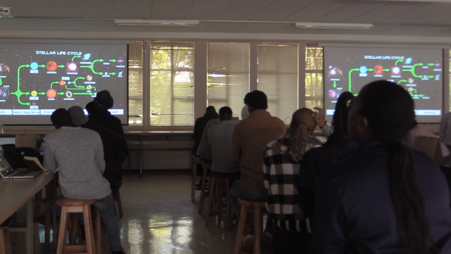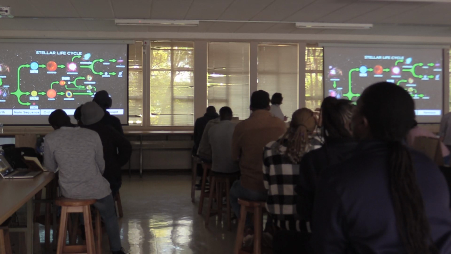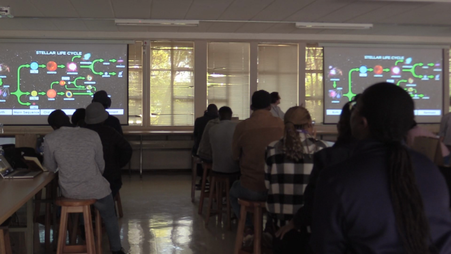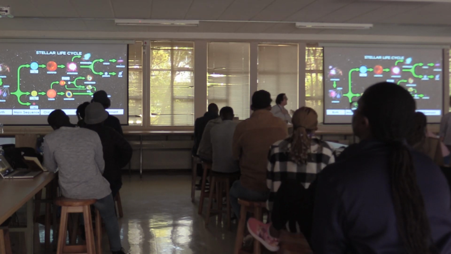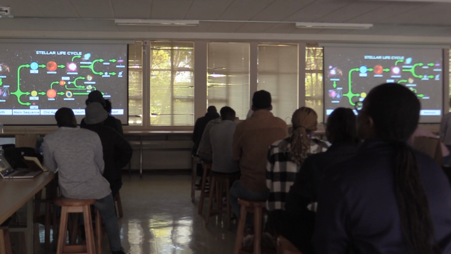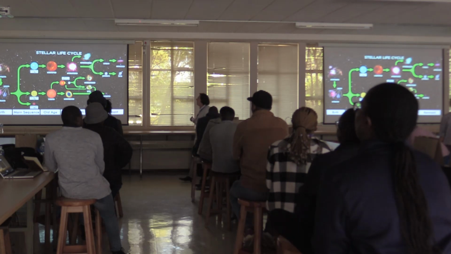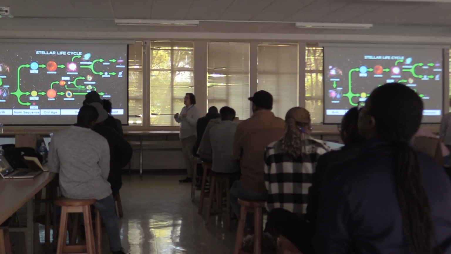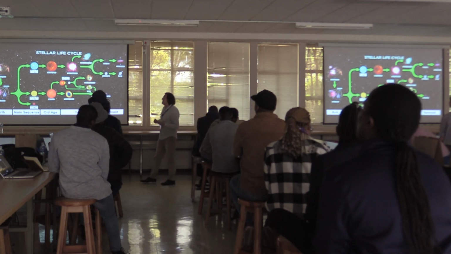Stars, as we know, start out as a molecular cloud that very slowly over many years coalesces, comes together due to the pull of gravity, and starts heating up. Once it gets hot enough, thermonuclear reactions start happening.